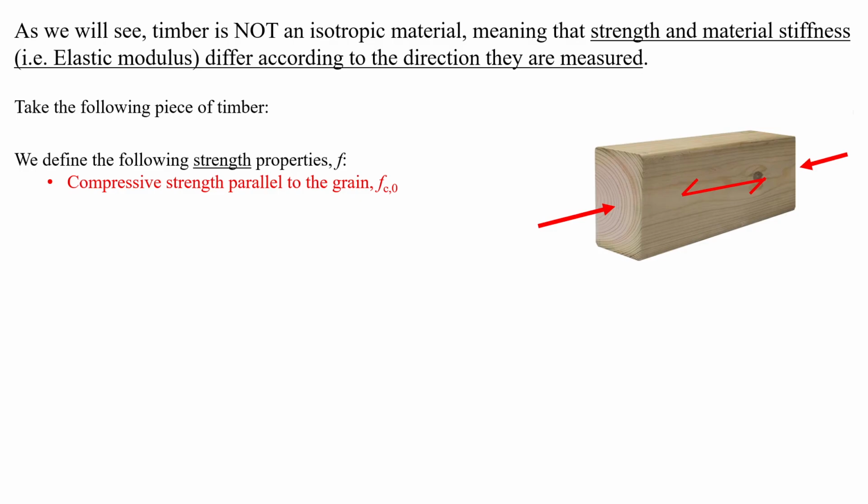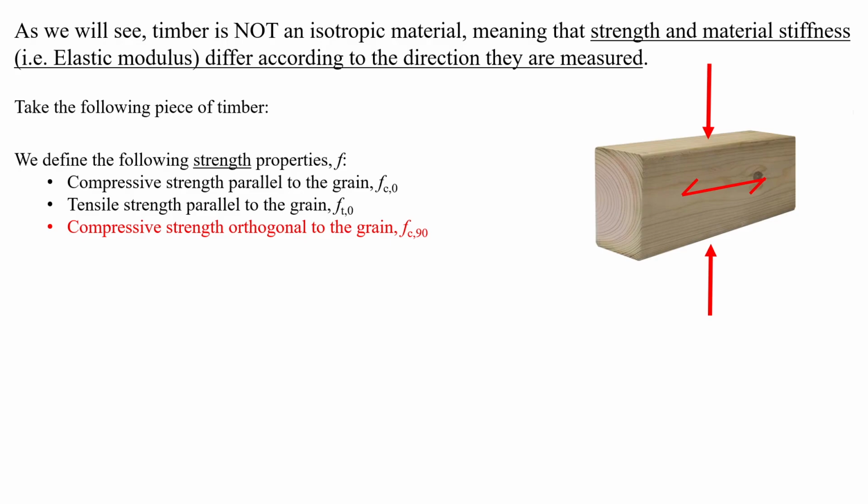So we're going to calculate the compressive strength parallel to grain, or fc,0. The 0 indicates the direction of force relative to the grain. So when we do it this way, that would be 90. Make sense? We're not going to test the tensile, but the code will tell you how to test for tensile force as well.